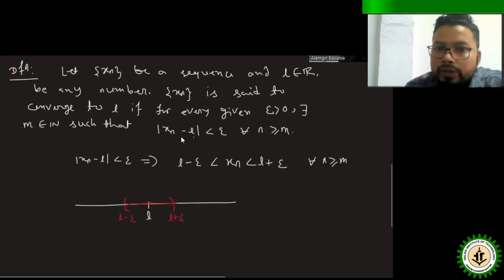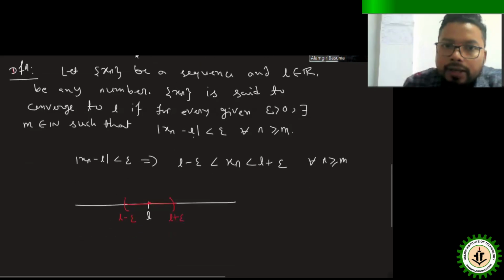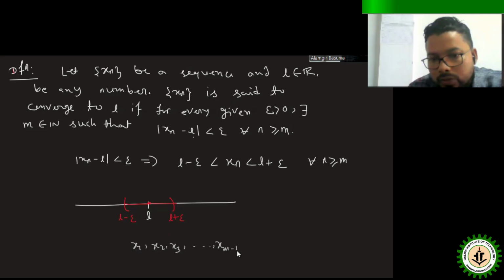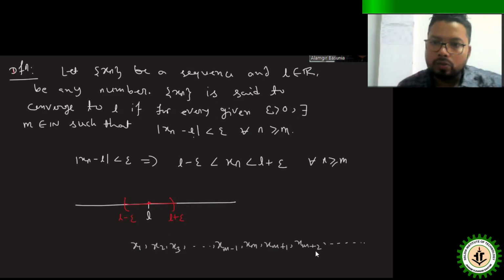Now here you can see that the sequence has so many terms: x_1, x_2, x_3, up to x_{M-1}, then x_M, then x_{M+1}, after that x_{M+2}, and so on.